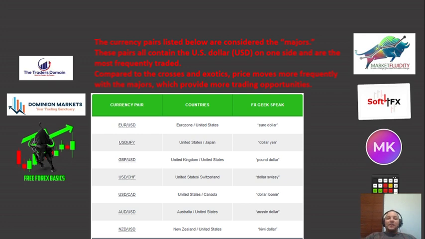Alright, so if you take a look at this list, I'm just going to quickly run through it with you. By now you know EUR versus USD, it's Euro versus United States dollar. Then you have USD JPY, which is the United States dollar against the Japanese yen.